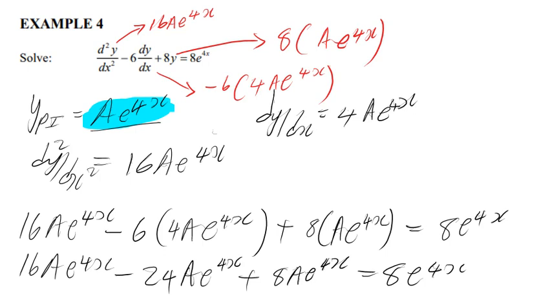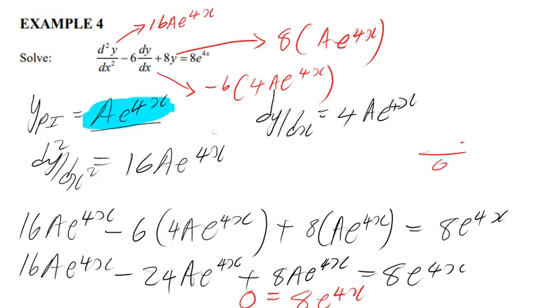So let's solve this. When you add up everything on the left hand side, it will be equal to 0, because 8 plus 16 is 24, and 24 minus 24 is 0, times e to the 4x. Since you got a 0, you cannot divide 8 by 0.